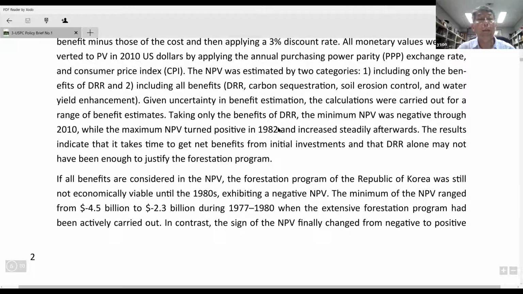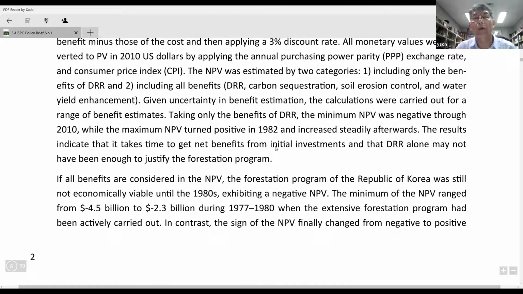Here, I'd like to emphasize this sentence: the result indicates that it takes time to get net benefit from initial investment, and that DRR alone may not have been enough to justify the reforestation program. The first sentence means it takes time to have net benefits from cost.